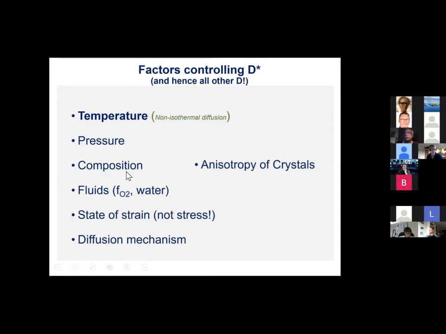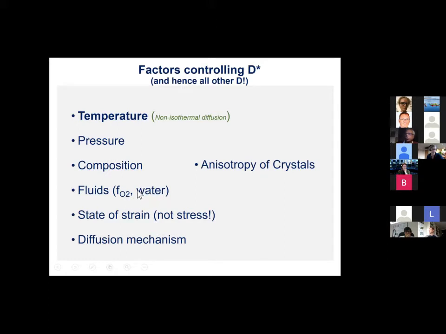You cannot take diffusion data for olivine 90 and start modeling something at phosphorite 60. In crystalline matter, because it depends on the jump length and so forth, anisotropy of crystals plays an important role. Fluids can affect diffusion. Things like oxygen fugacity control how many defects or vacancies you have in a crystal.